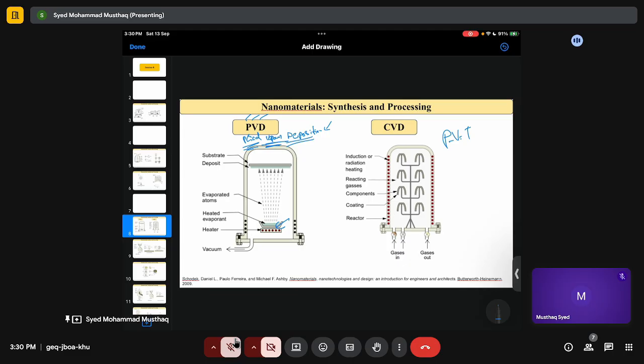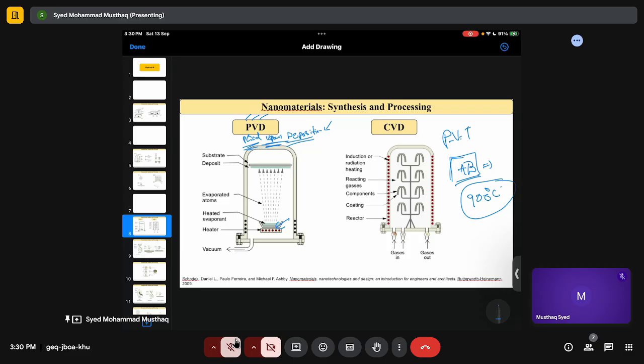So for example, AB is difficult to deposit. Let's say AB is my molecule, and it is very difficult to deposit because its melting point is, let's say, 900 degrees centigrade, and you do not have equipment to do the deposition at 900 degrees centigrade.